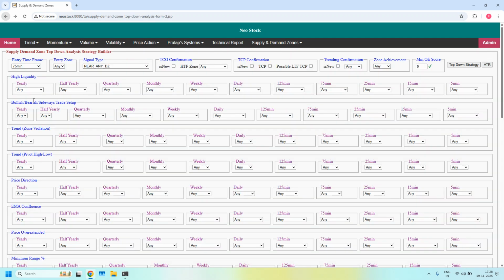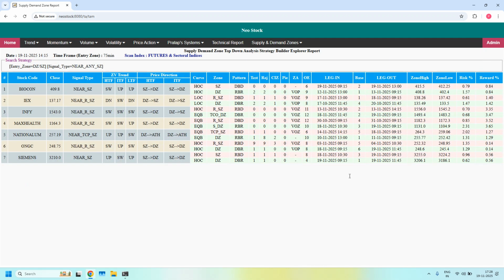Next, 75 minutes time frame, stocks near to the 75 minute supply zone. We got 7 stocks. Let's identify 75 minutes high liquidity supply zones from this list. IEX is having a 75 minutes high liquidity supply zone. Infosys is having a 75 minutes high liquidity supply zone.